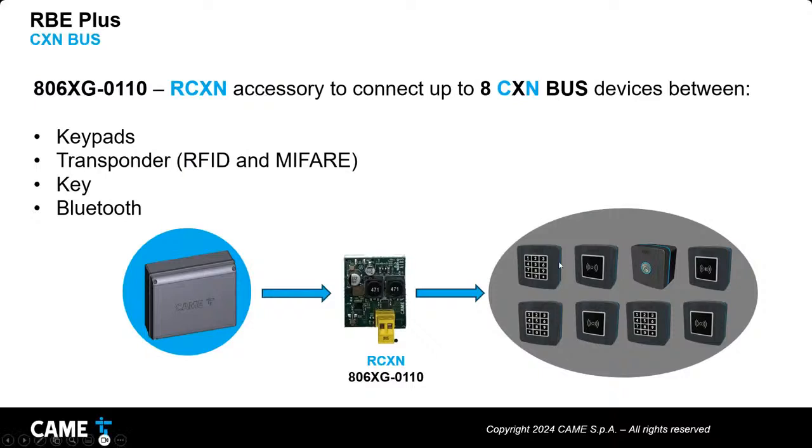So when you need to use at least one bus selector, one keypad, for example, you need to add the RCXN, which is code number 806XG0110. So this is mainly used, or better, it is strictly necessary when you need to use keypads, transponder, both RFID or Manchester, doesn't matter, key and Bluetooth selectors. So please remember this important thing.